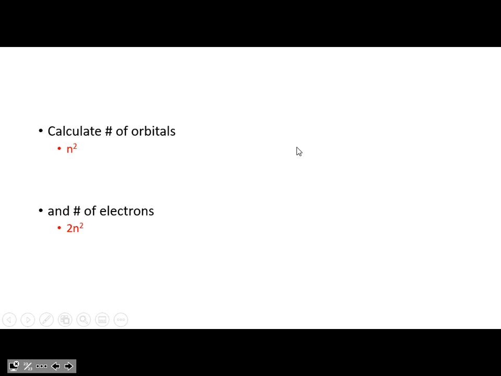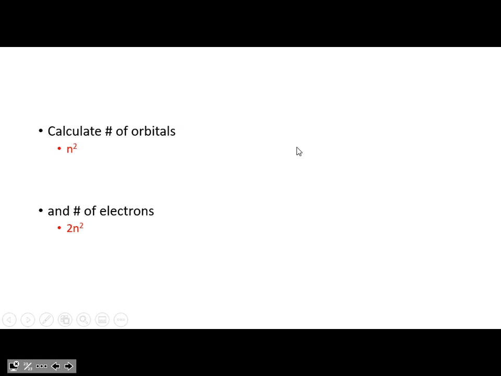Now, the third energy level is where it gets a little bit trickier. Okay, and we're going to end with this one. The third energy level. Remember that on that third energy level, I have s's right here, I have p's right here, but aren't these 3 d's? Yeah, they are, right?